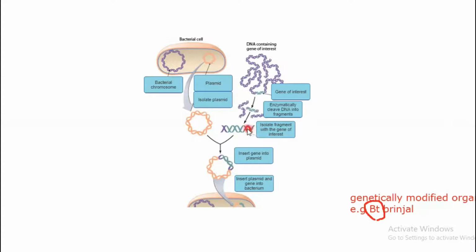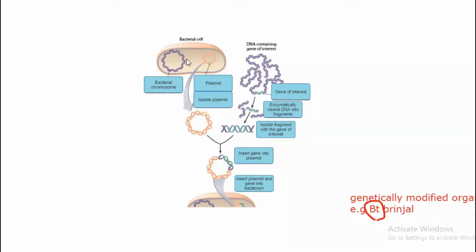Instead of that, we use a vector. From where we get this vector? This is also from bacteria because bacteria consists of two DNA. One is chromosomal DNA.